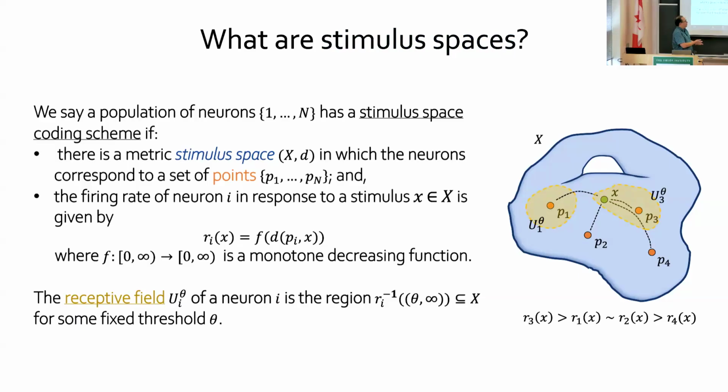So I'm going to say it's everywhere that the rate is above a certain amount. And if I have a monotone decreasing function, then I just have a little ball around each one of these points in which that neuron is super threshold, in which it's on. So this is my model for neural activity. I want this to be the thing that I'm trying to find.